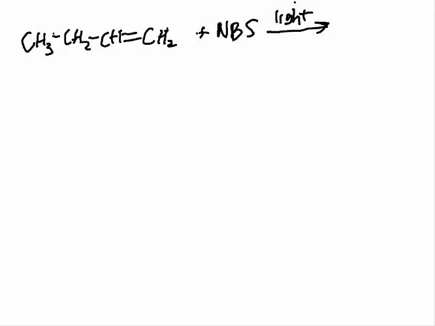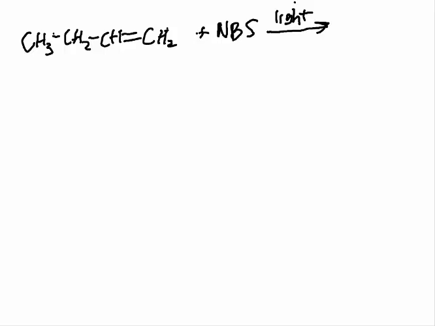Okay, now predicting the product of this reaction is tricky. Don't try it on your own, because let me try to explain why. We've learned what an allylic carbon is, what an allylic hydrogen is. We've learned that NBS replaces allylic hydrogens by bromine.